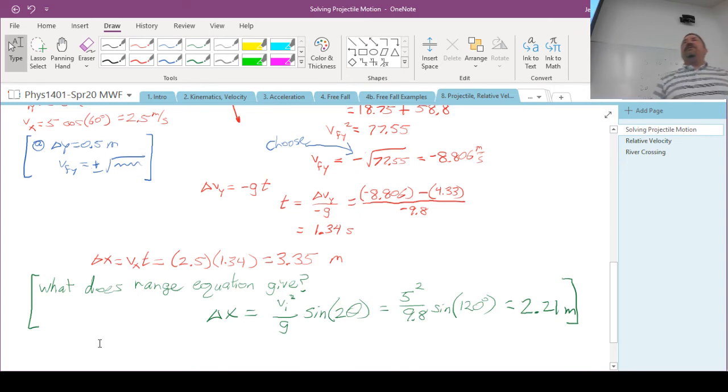So that gives you an idea of the kinds of calculations that you can do once you understand projectile motion. And remember, all of that came from the combination of two basic ideas. One, using constant acceleration, and that exploded into a whole bunch of kinematics equations.